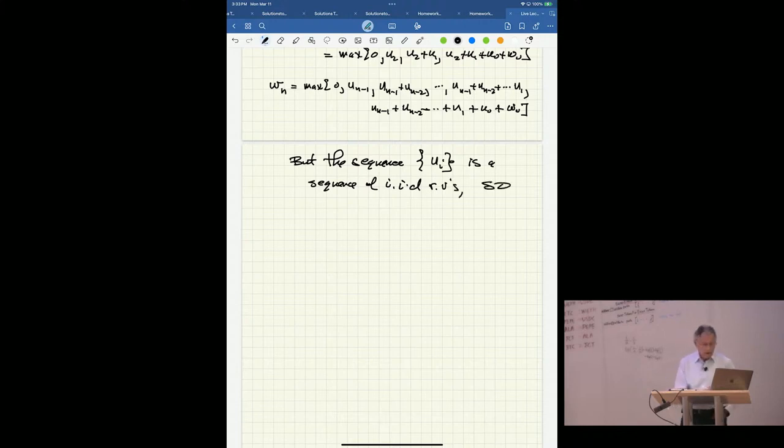So we can interchange them. They're interchangeable. They all have the same distribution. So now consider a new random variable, W n prime. That's a new random variable with the same distribution as W n.